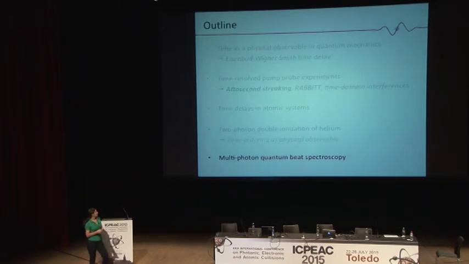Okay, with that, I would like to come to the last part of my talk, which is a little bit different from what I talked about before. Now we look at the multiphoton quantum beat spectroscopy experiment, but also with that we will see that we are able to gain information about the ionization dynamics.